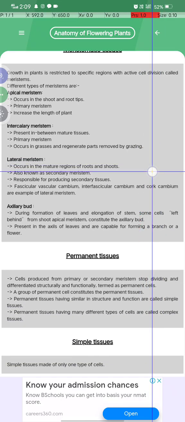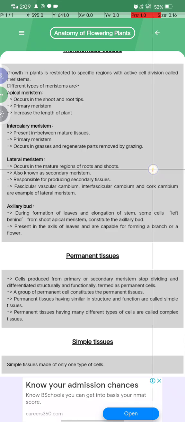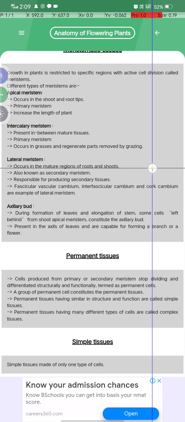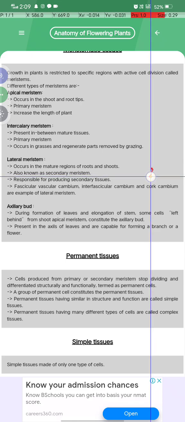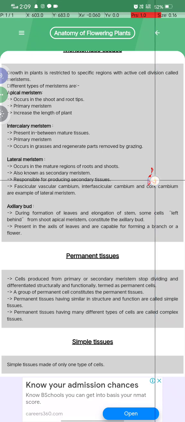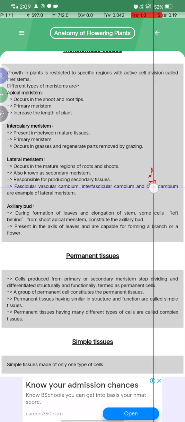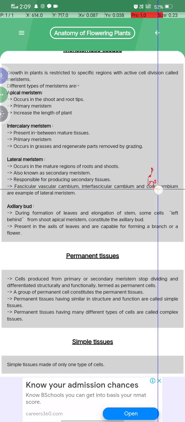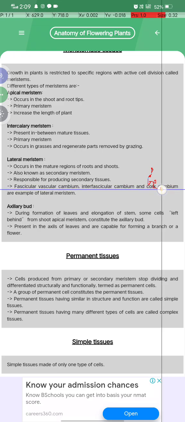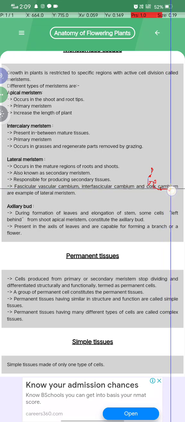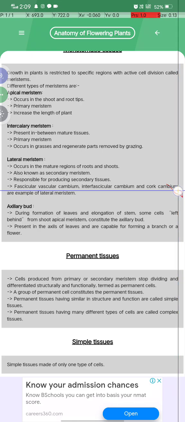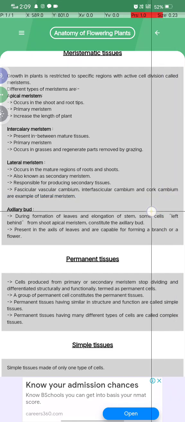Lateral meristem occurs in the mature region of the plant, in the root and shoot, and is also known as secondary meristem. It is responsible for producing secondary tissue. The fascicular vascular cambium, the interfascicular cambium and cork cambium are examples of lateral meristem.